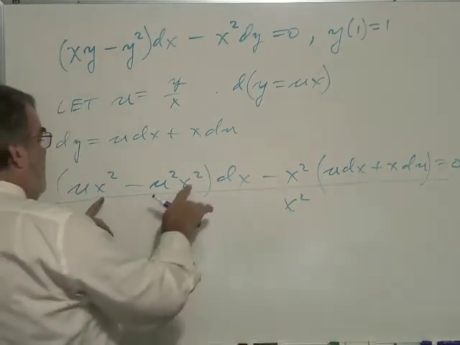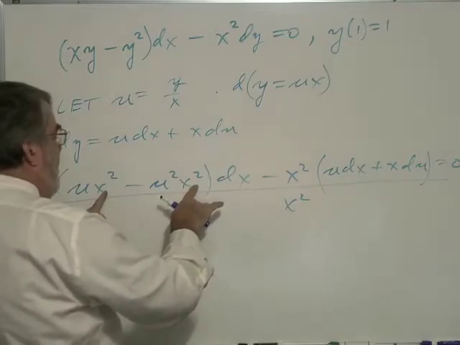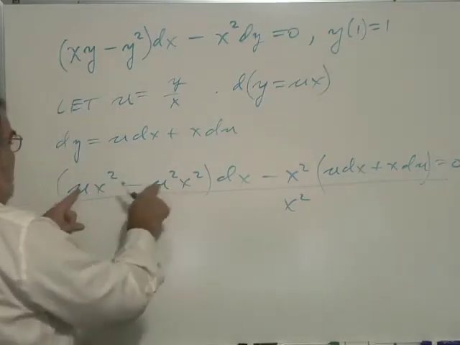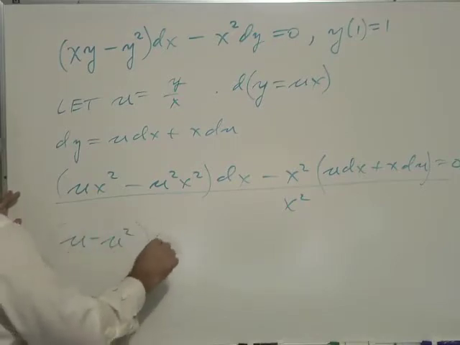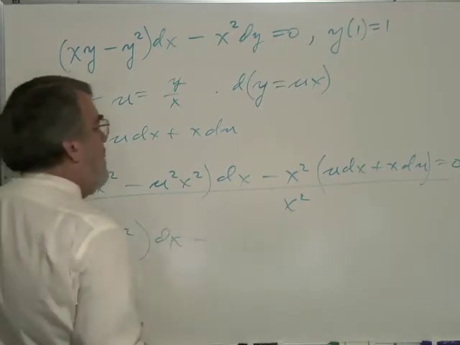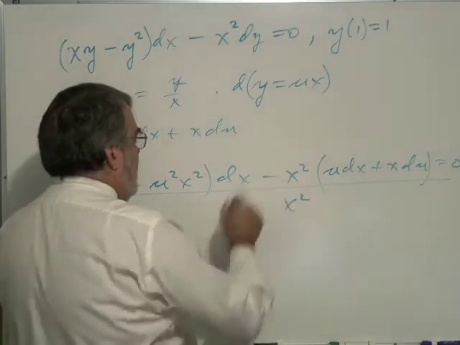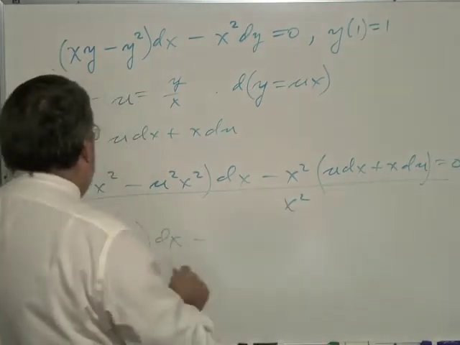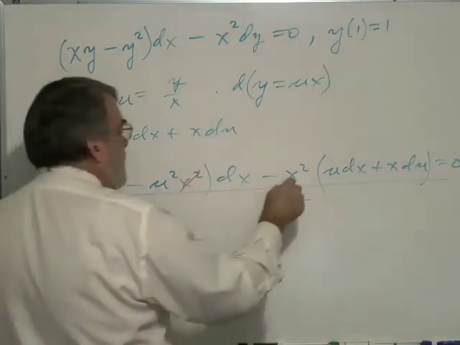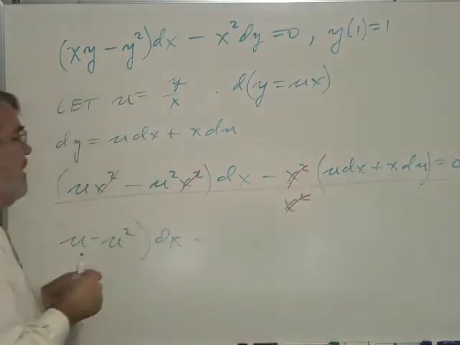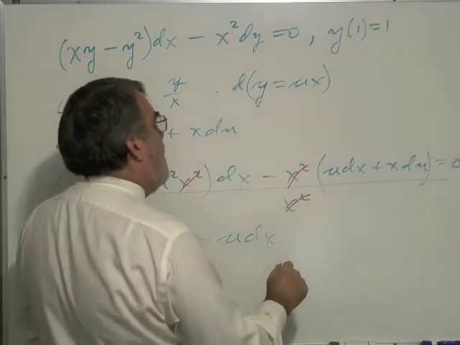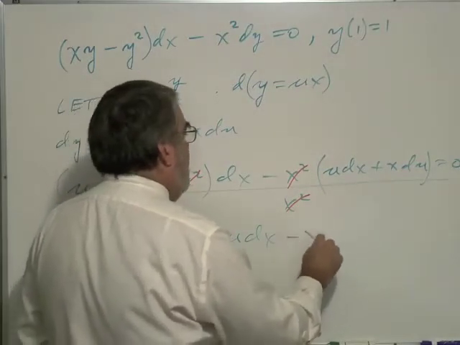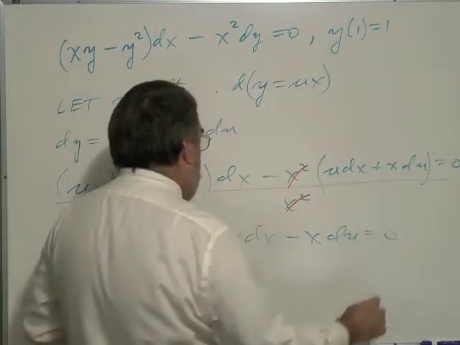So we divide by x squared. The x squared cancels here, so I have (u - u squared) dx, minus, and this x squared cancels. Let me show those cancellations. There we go. So I've got minus u dx and minus x du equals 0.